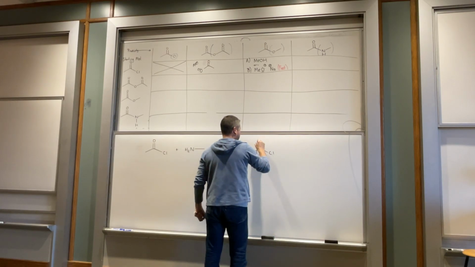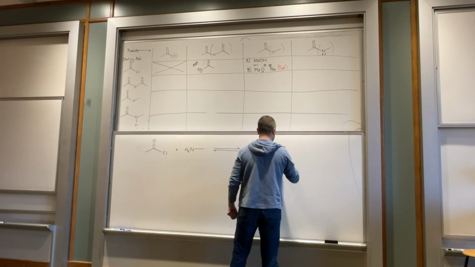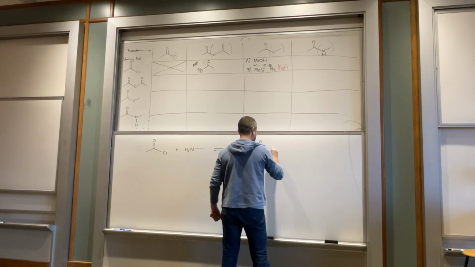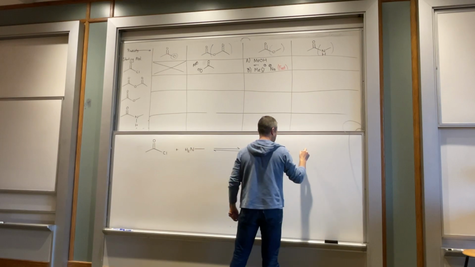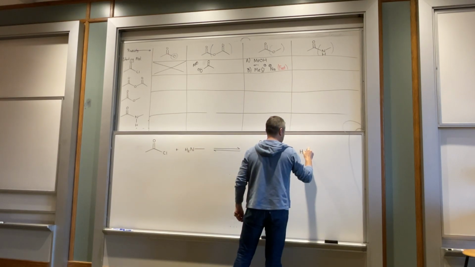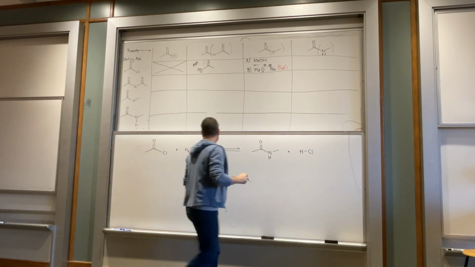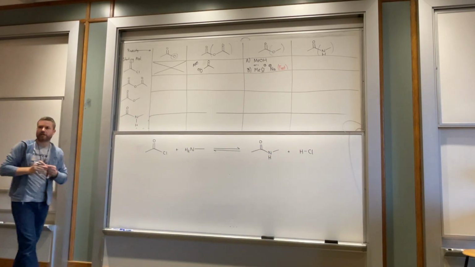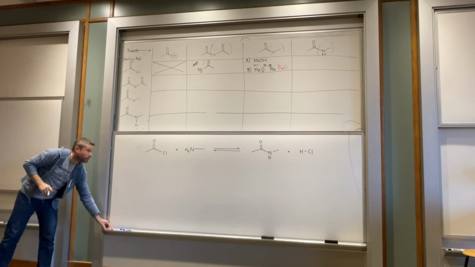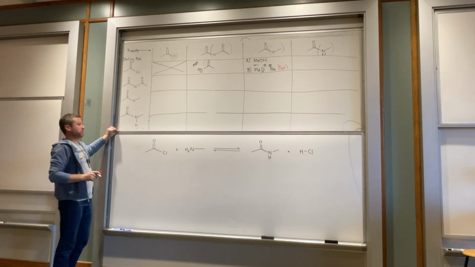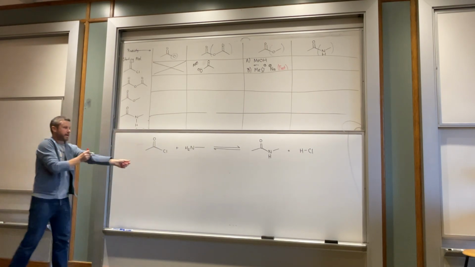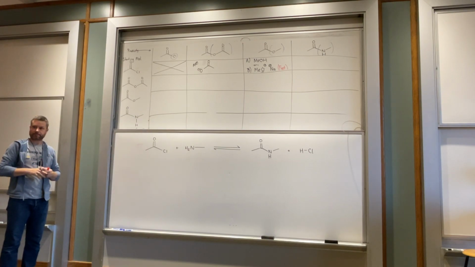Right, if we want to make an amide from an acid chloride, okay, this would be the reaction scheme or the equilibrium scheme.